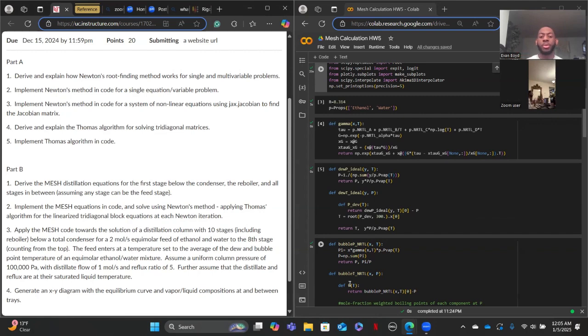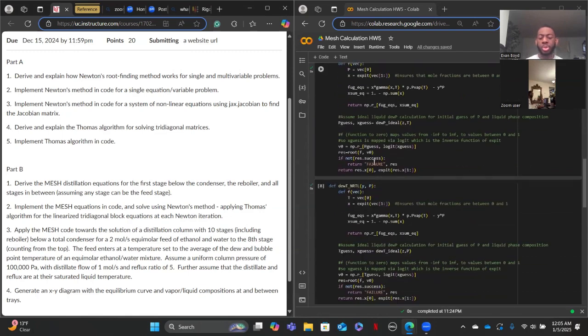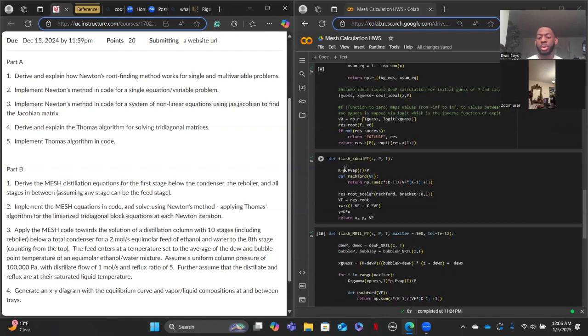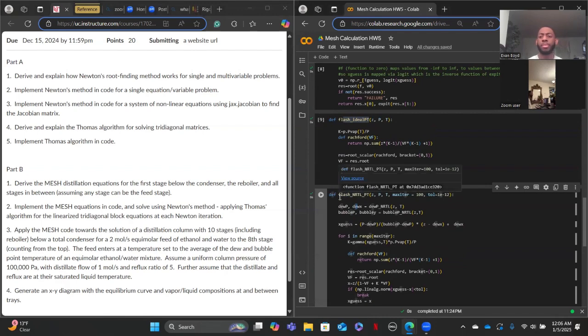We use NRTL for our dew point and bubble point for our Jacobian. Okay, so we have that from our last equation: dew point and bubble point to find our temperatures, and then our XY compositions, which we'll get from our ideal flash, which we didn't really cover in our homeworks.